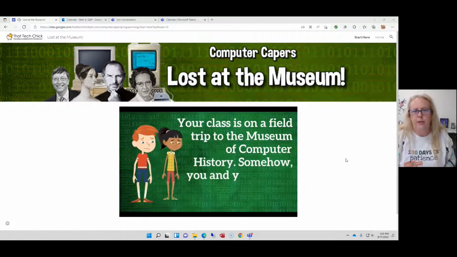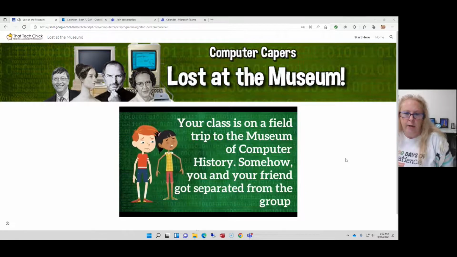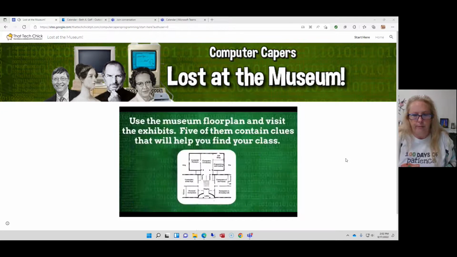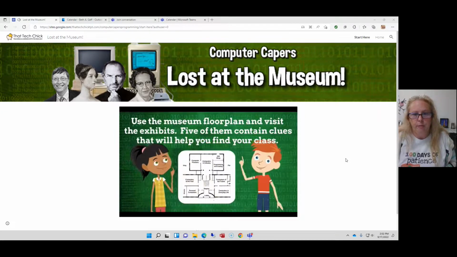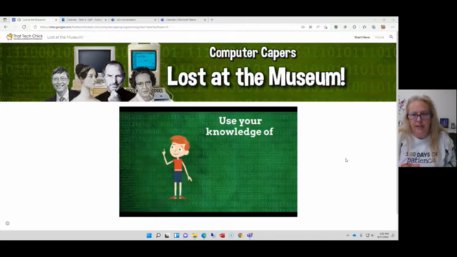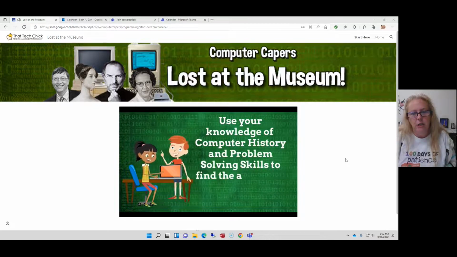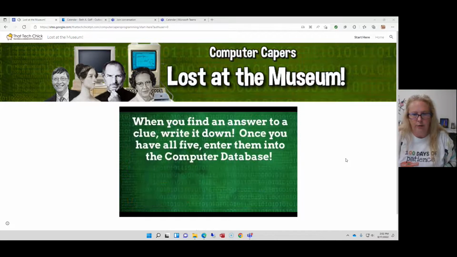Their class is on a field trip to the Museum of Computer History. Somehow you and your friend got separated from the group. Use the museum floor plan and visit the exhibits. 5 of them contain clues that will help you solve to escape. Use your knowledge of the computer history and problem-solving skills to find an answer to each of the 5 clues.